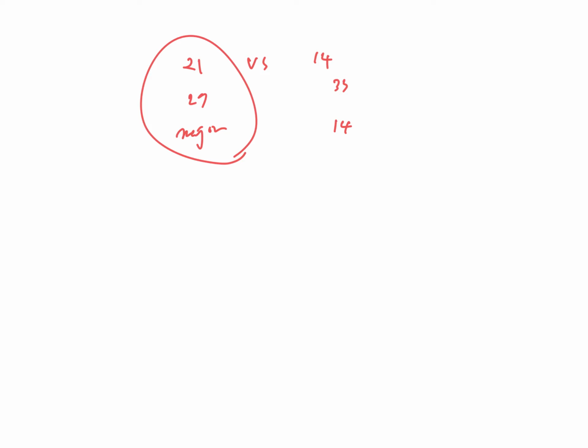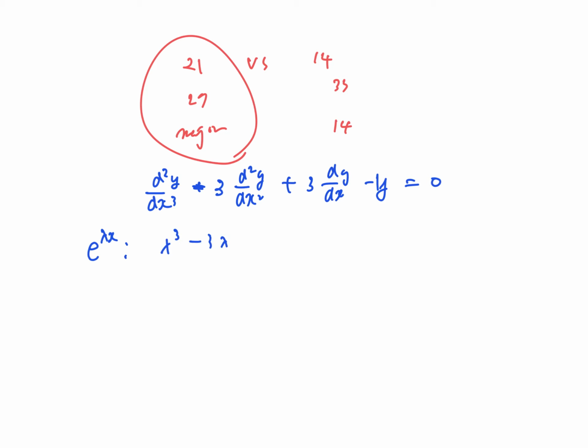So example, if we try our solution, we have lambda cubed minus 3 lambda squared plus 3 lambda minus 1 equal to 0, or lambda minus 1 to the cube is equal to 0.